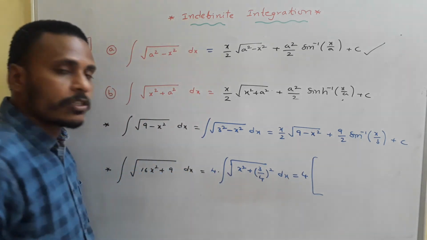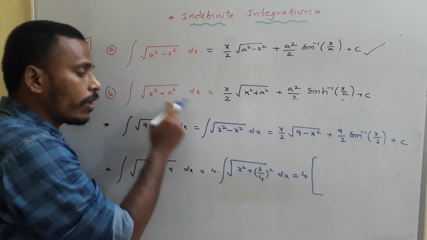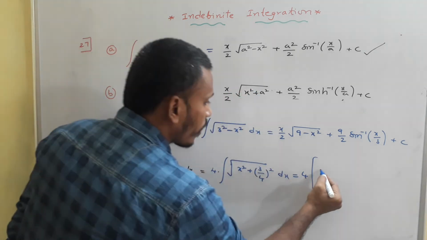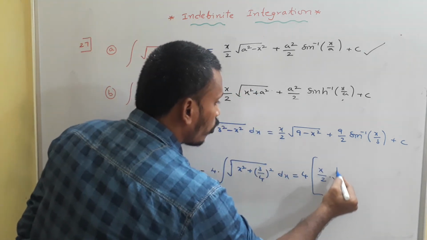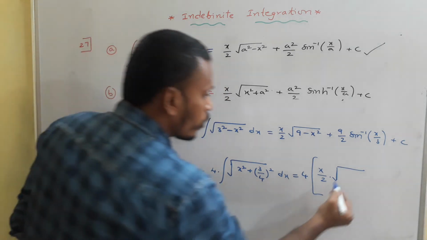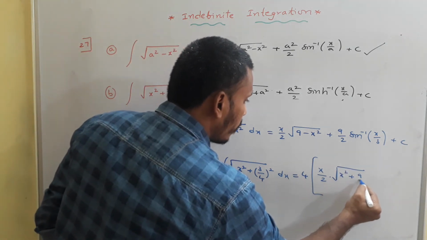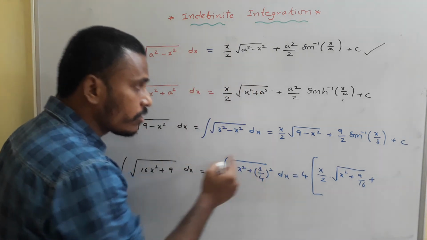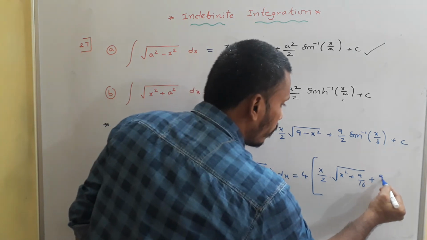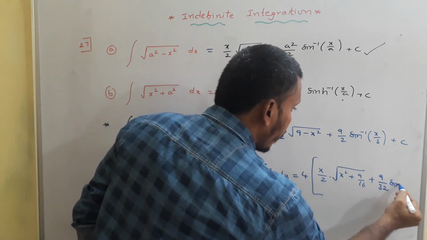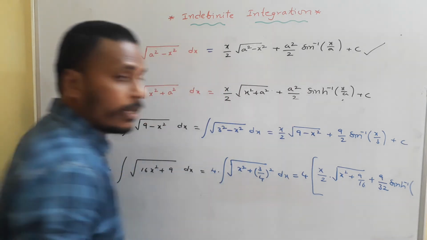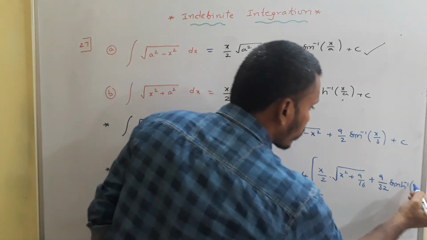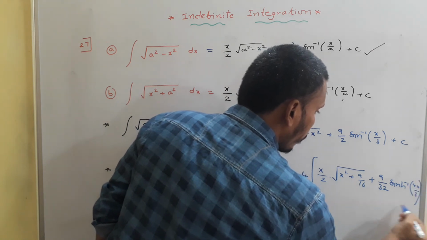And now this root of x square plus 3 by 4 whole square, our a is now nothing but 3 by 4. Use this result, x by 2 into root of x square plus a square. So x square plus a square is 9 by 16, plus a square by 2. a square is this 9 by 16, by 2, that in the sense 9 by 32 sinh inverse of x by a. a is 3 by 4. x by 3 by 4 is 4x by 3, plus c.